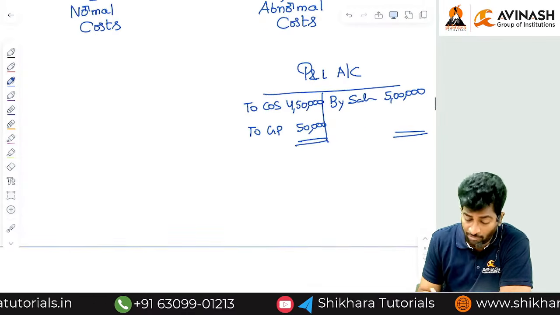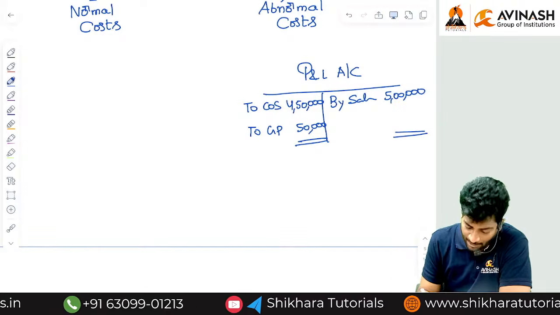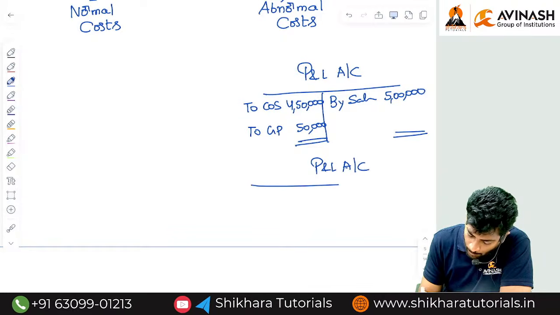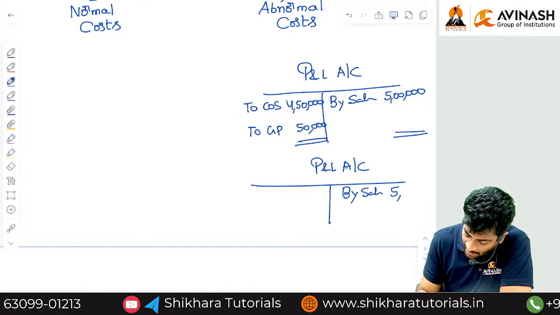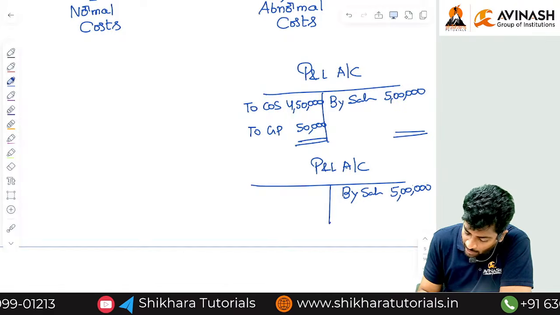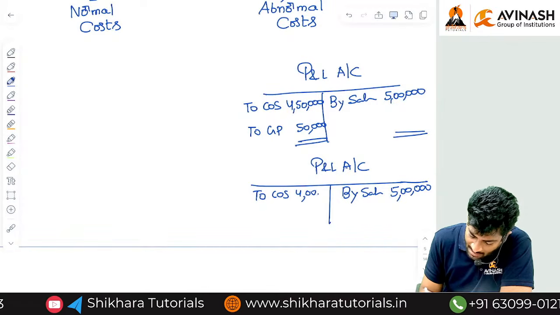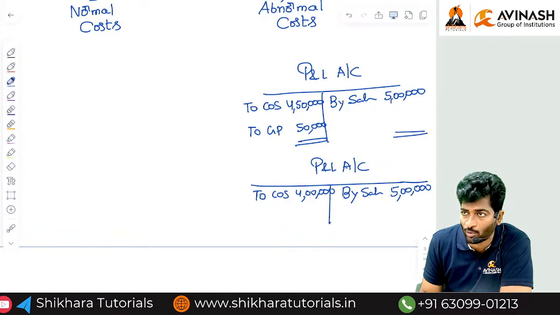Say for suppose, if you are not including it in the cost sheet, that abnormal item is 50,000 rupees. Let us assume. So, what you will do? I will write the same sales, 5 lakhs. If you are not including it in cost of production, the cost of sales is only lower, and it is an abnormal item, charged to costing P&L account, right?